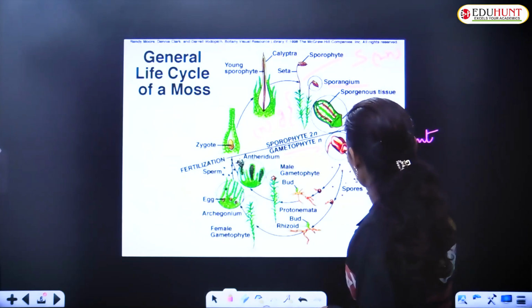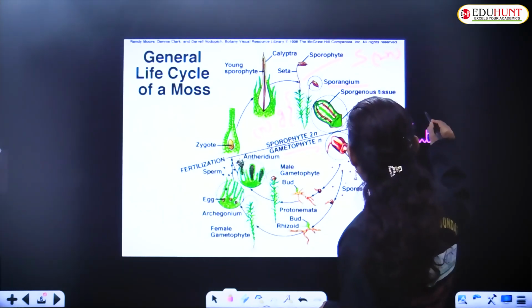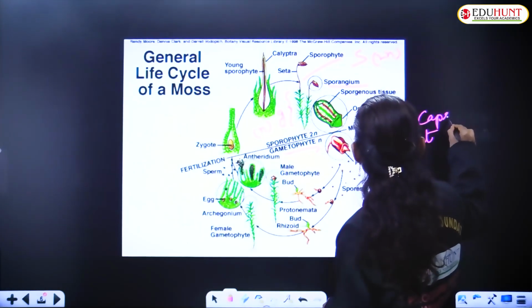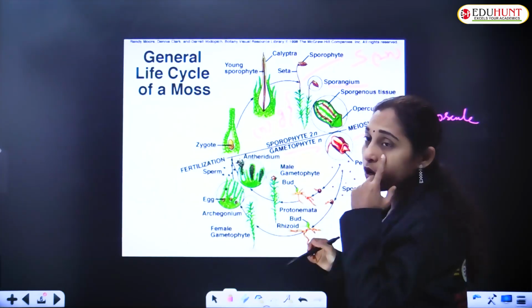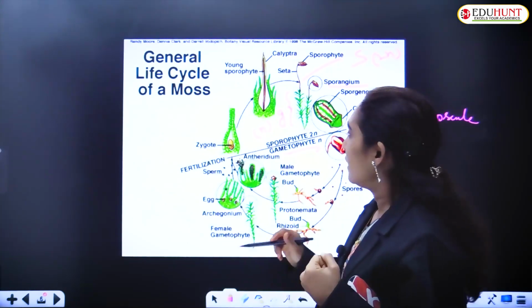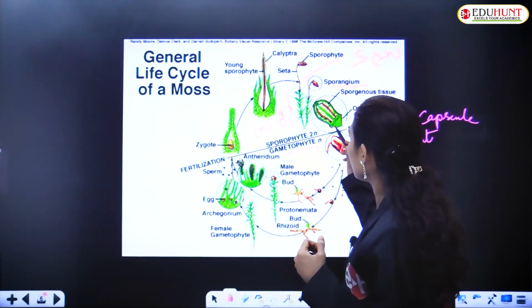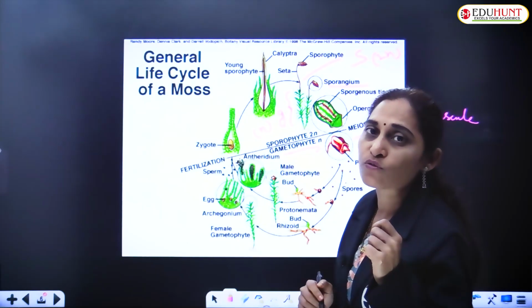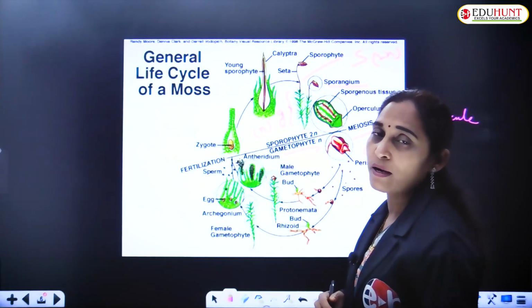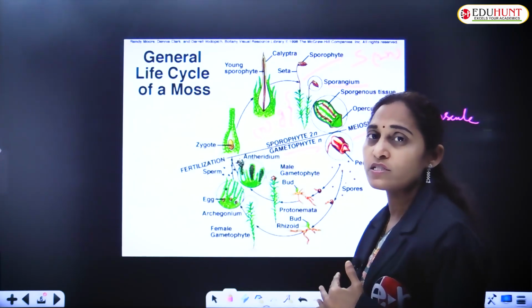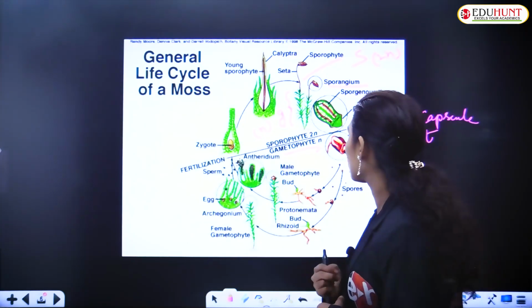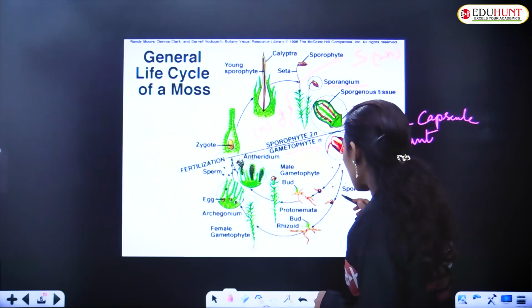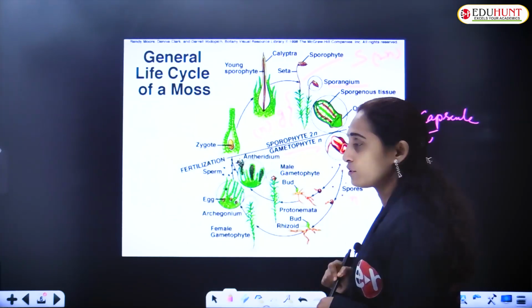This is the actual capsule, a part of the sporophyte. It holds the spore sacs which give rise to spores. The spore mother cells, after undergoing meiosis, release the haploid spores. These spores are n in nature, haploid.